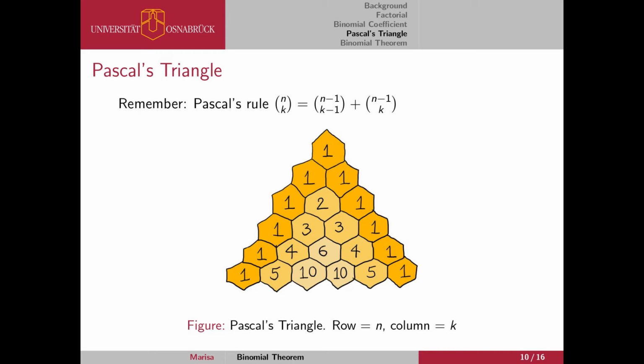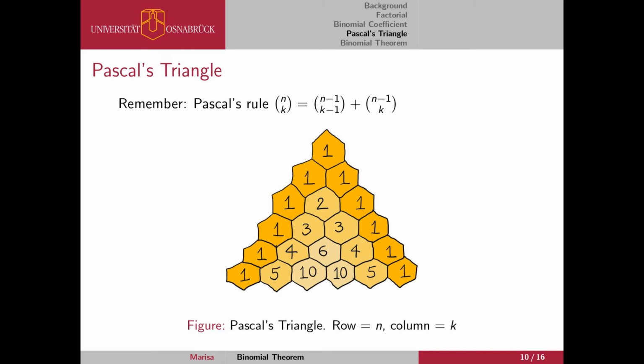For any position n over k in this triangle, the value can be calculated by addition of the two values that are standing above it. This is, for example, why we have a 6 standing in the middle of the triangle here. 3 plus 3, so the two numbers above give the 6 if you add them up. So this whole triangle is of course infinitely long, and you could add infinitely many rows to it.